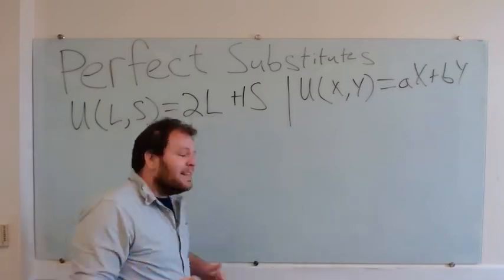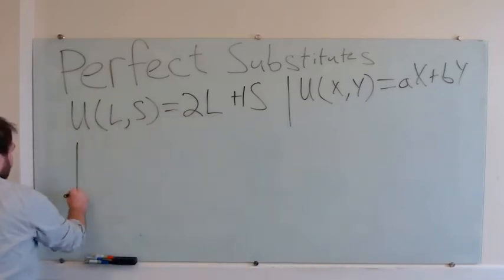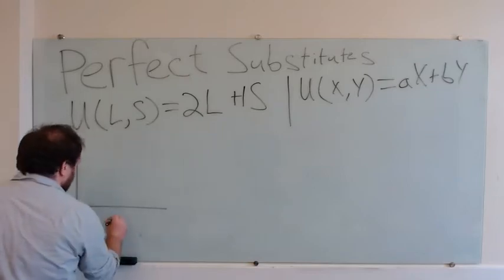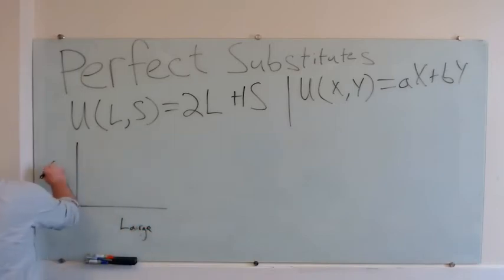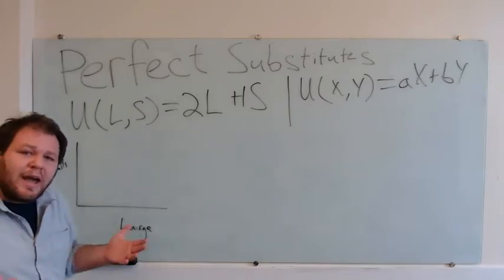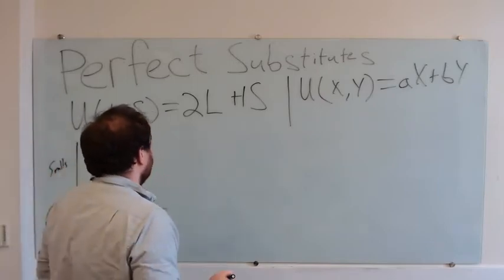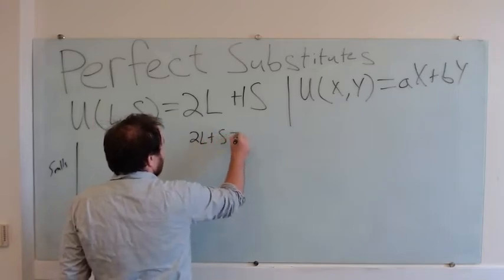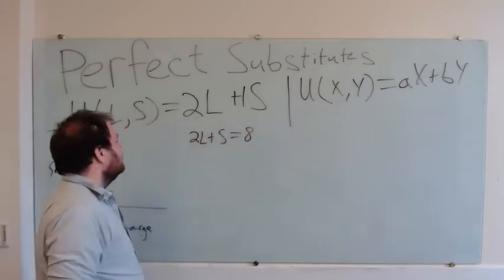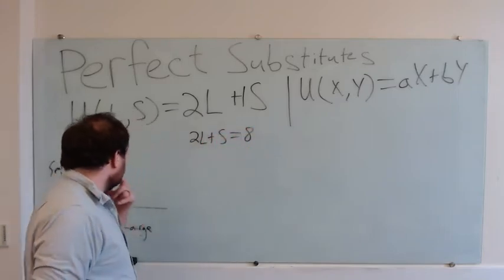So let's draw an indifference curve. I put larges on the horizontal and smalls on the vertical. I'm going to draw an indifference curve. Let's pick one particular value. So let's say, for example, 2L plus S equals 8 is going to be our indifference curve, all the values that add up to the same utility value.